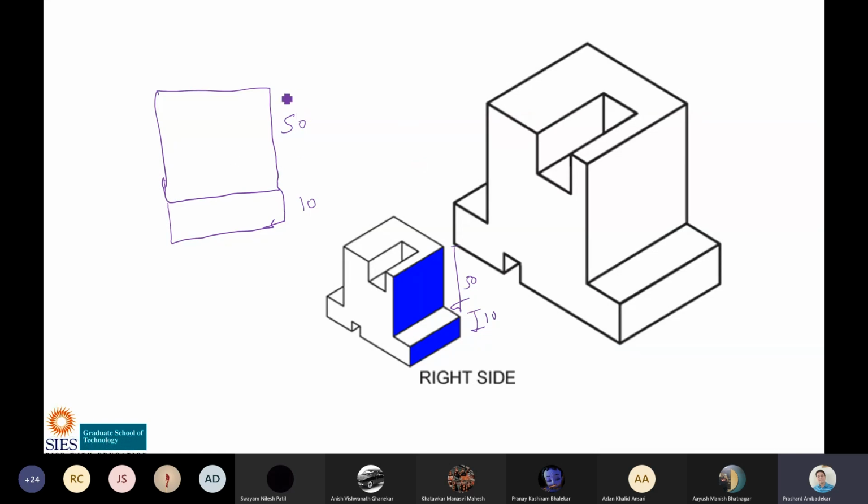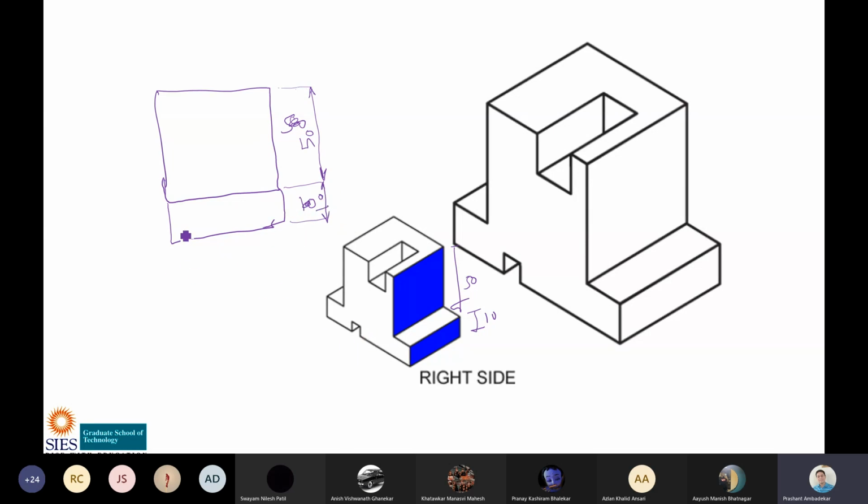If I want to give the dimension, how should I give it? This is an extension line, which should be light and thin like this, and then I can give the dimension. I should not write it like this; I should write it above the line like this. Then we have to draw this slot also.